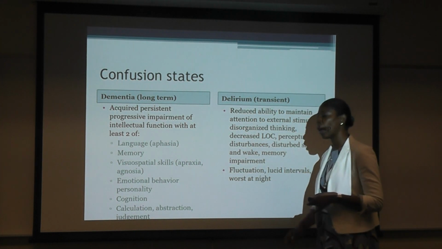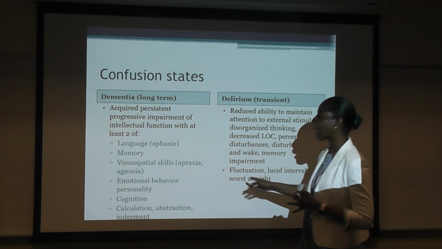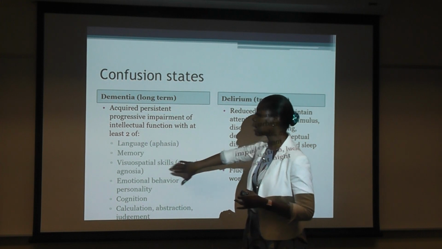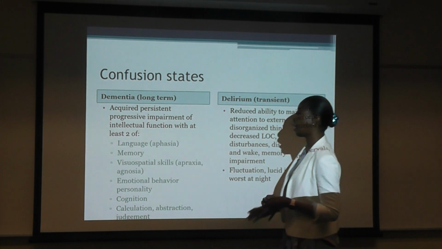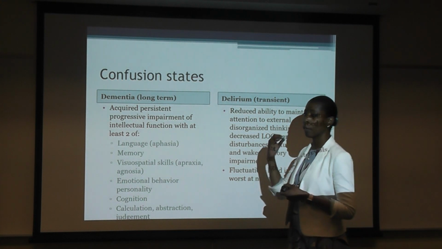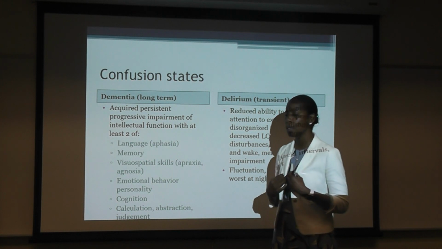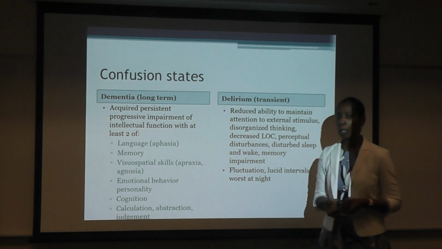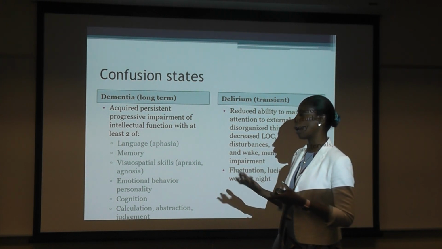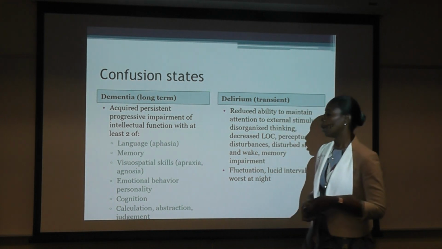Dementia, usually they have issues with language, they can't remember words, they have apraxia and agnosia. These are things that you want to look for. If they're not able to call words, if they can't calculate anymore, if they can't perform normal tasks like dressing themselves, that's apraxia, and if they can't identify regular objects visually or by sensation, that's an issue.